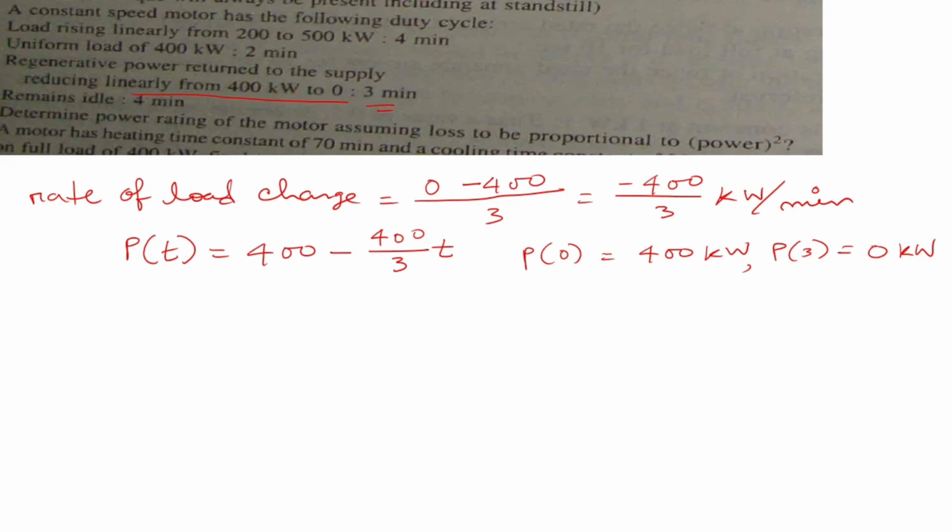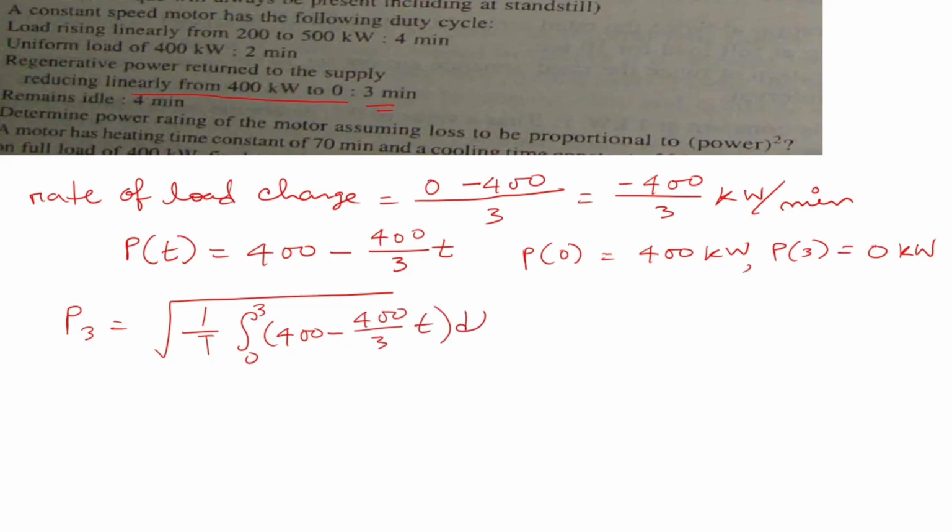Now we'll again use the same RMS equation to calculate P3, that is under root 1 by T, integral 0 to 3, 400 minus 400 by 3 t, square dt.